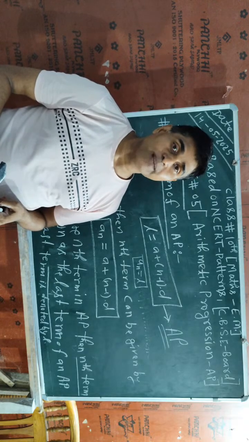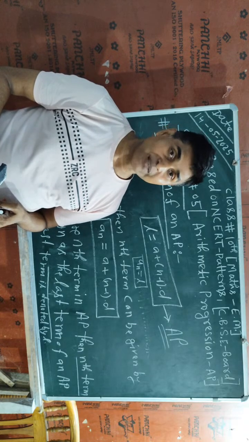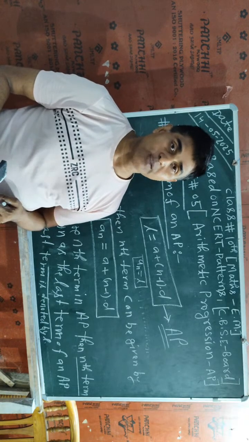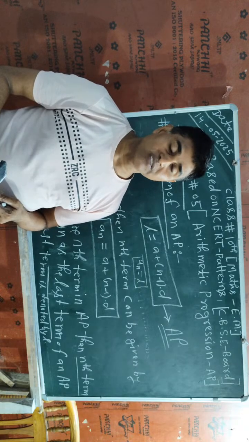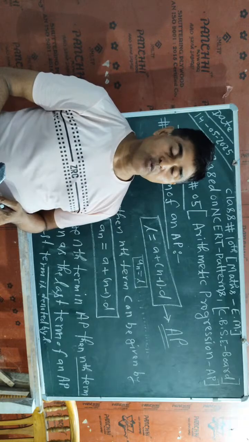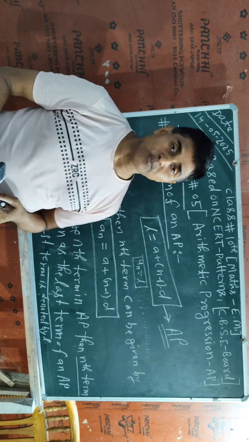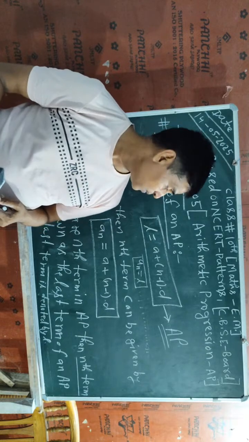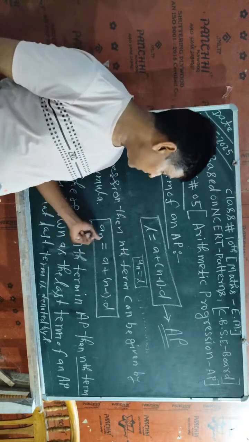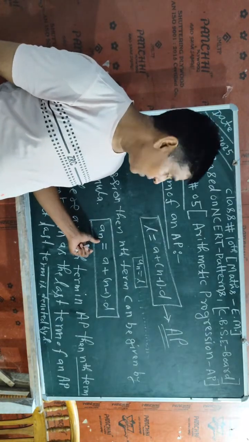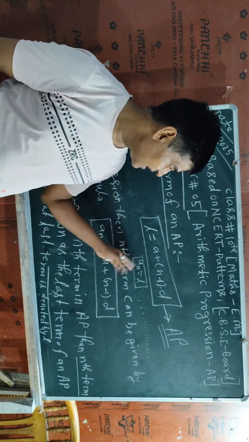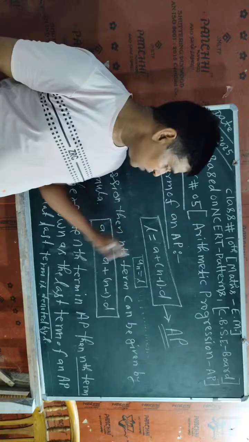If the difference of two consecutive numbers is the same, then I will say that the sequence is in arithmetic progression. And if the question says find the 20th or 25th term of that series, I will use this formula with n equal to 25. So the last term I can obtain from this formula or this formula.